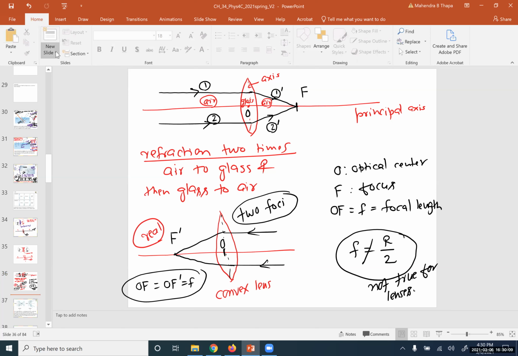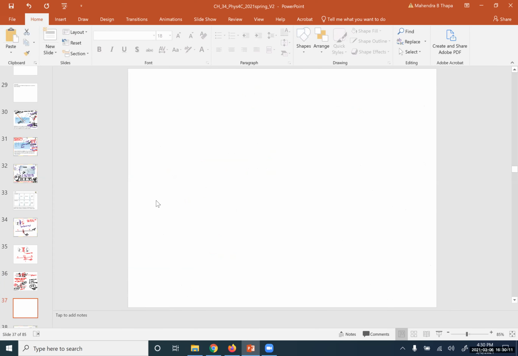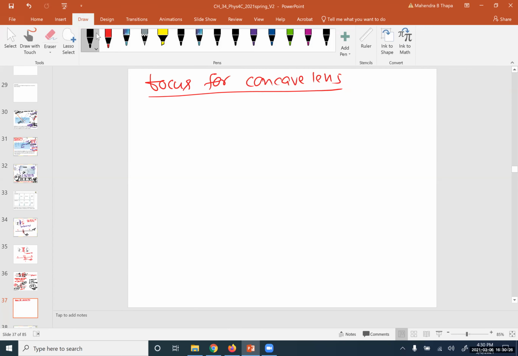Let's talk about the focus for a concave lens. Let's draw the picture. For the concave lens, we have this kind of image. This is the axis of the lens, the principal axis.